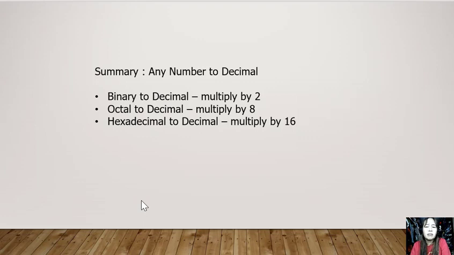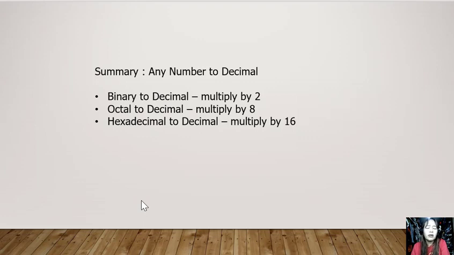If it is a decimal part, we start at position negative 1, and we multiply the digit by 2, because 2 is the base value of your binary, to the power of its location, negative 1.